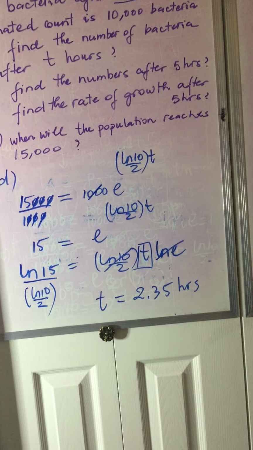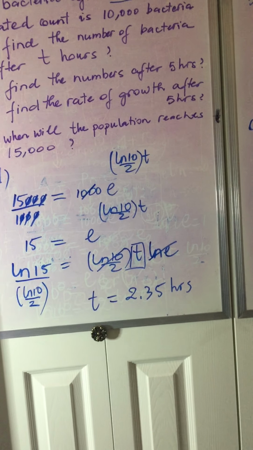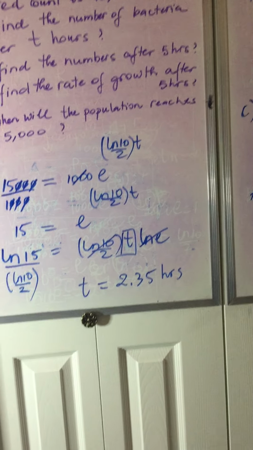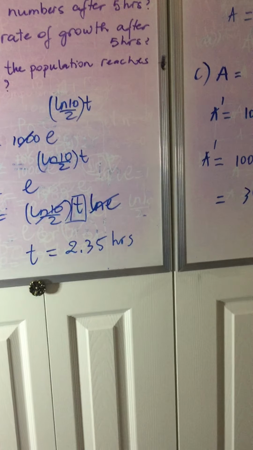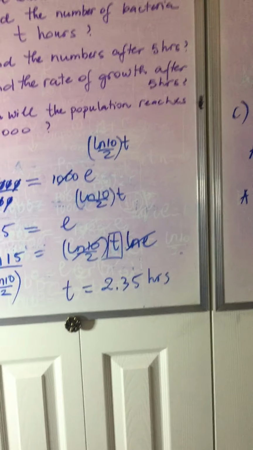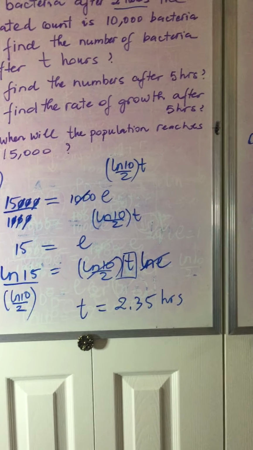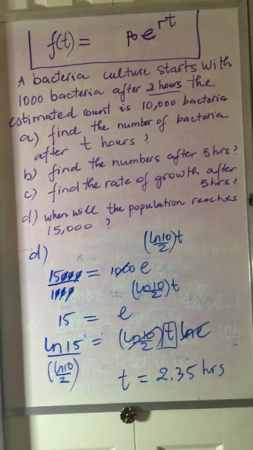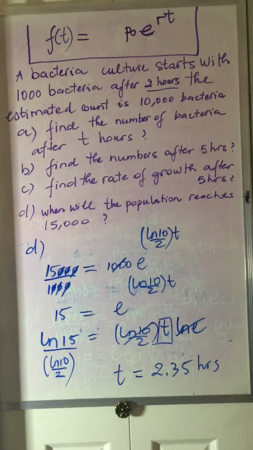And ln 15 is a number divided by ln 10 over 2 to solve for t. And you get the answer t equal 2.35 hours, if I don't make any mistake from my calculator. Okay, so that's how you solve this application of the derivative of the exponential function.